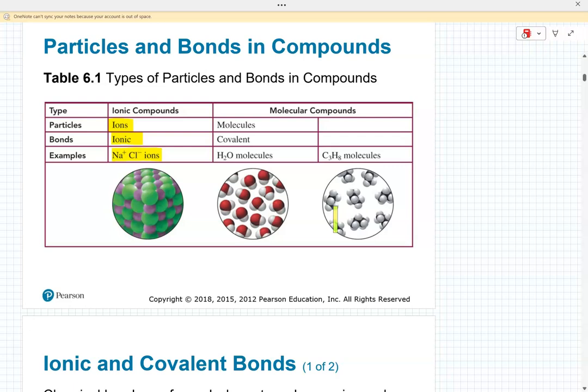So when sodium, in this case, loses an electron and chlorine acquires it, you get positively charged sodium, negatively charged chlorine. They interact strongly. Now, in the case of covalent bonds, electrons are not explicitly exchanged, they are shared, as we will see.